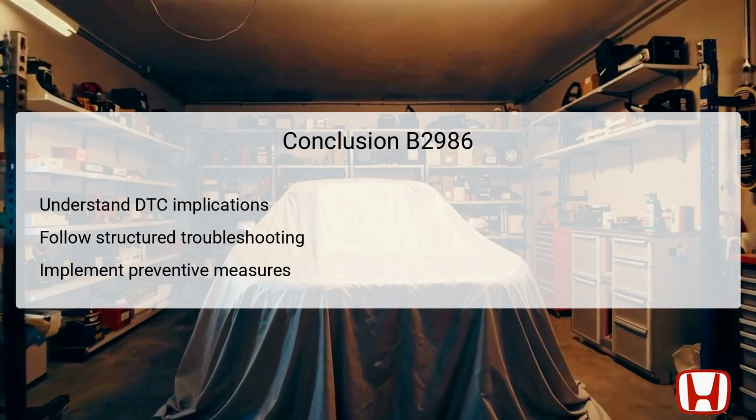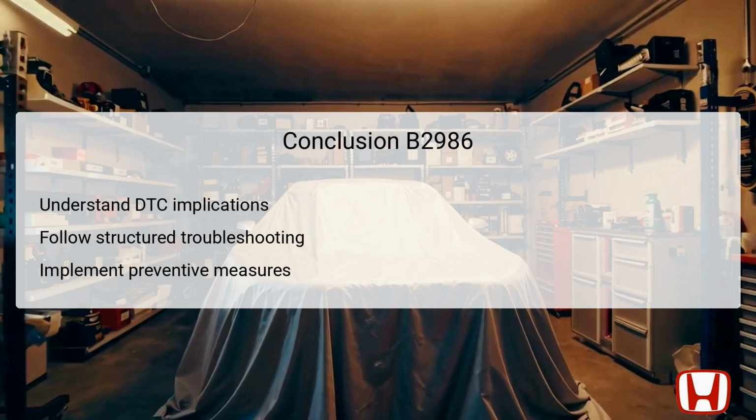In conclusion, understanding the implications of DTC B2986 is essential for maintaining your Honda Civic's climate control functionality. By following a structured troubleshooting approach, you can accurately identify the root cause and make the necessary repairs.